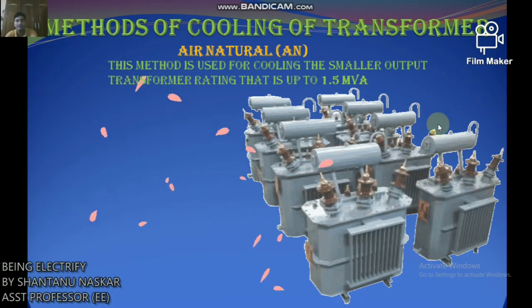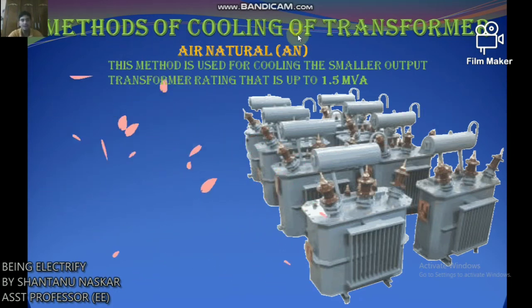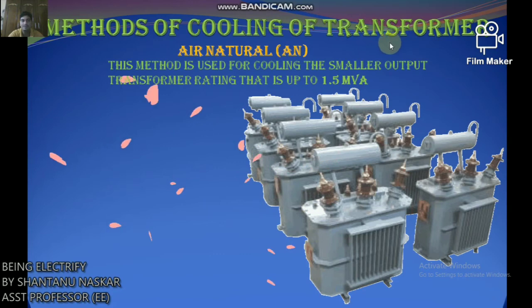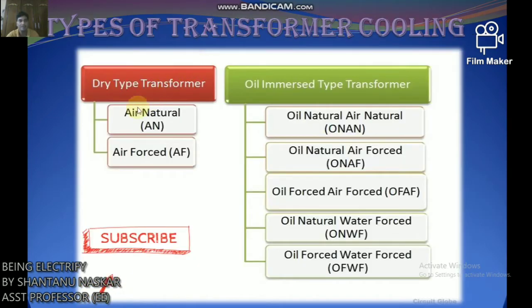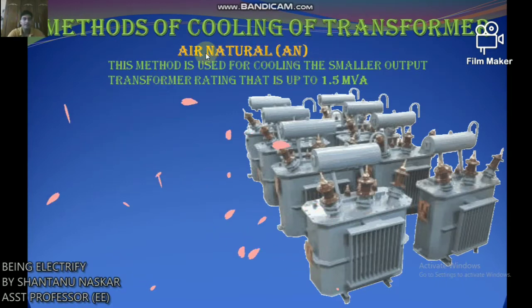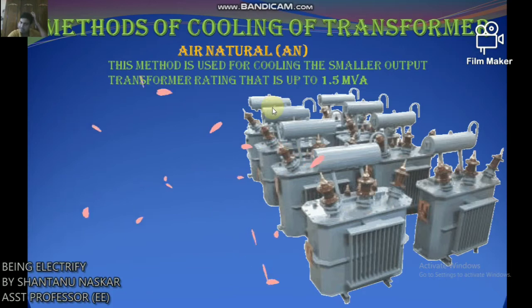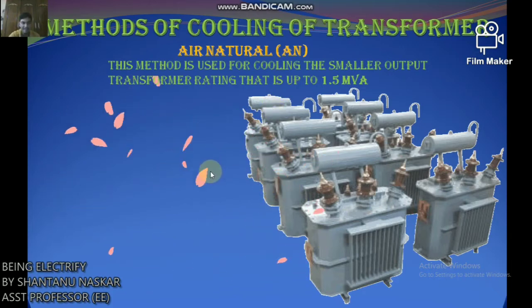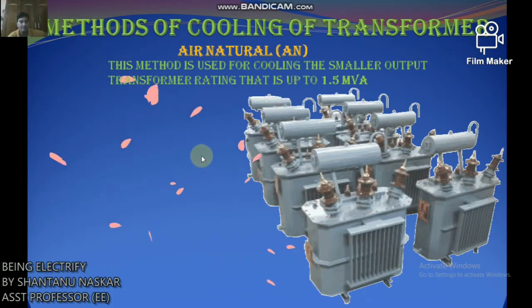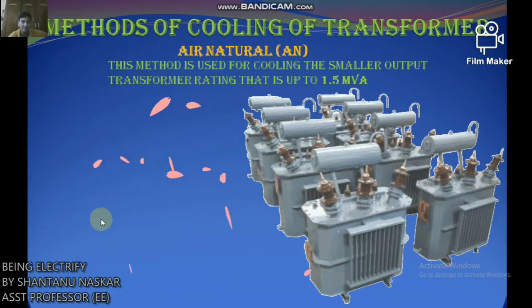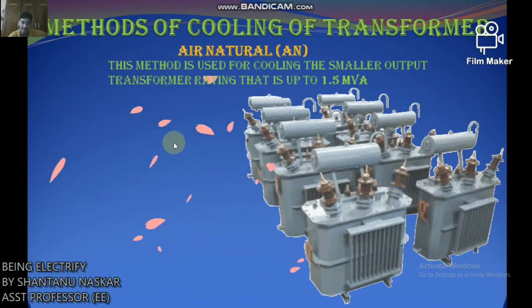So let us start with the methods of cooling of transformer. First we will discuss air natural. By the air natural method, the generated heat in the transformer is cooled by the circulation of natural air.